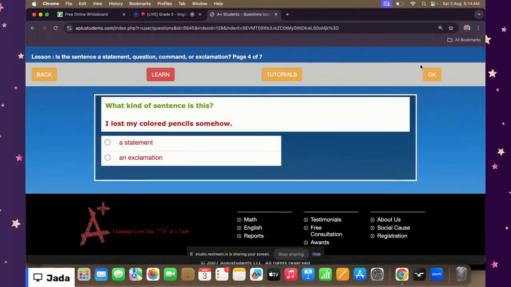Next, I lost my colored pencil somehow. What's our answer here? The next one. I lost my colored pencil somehow. Statements. Okay, good job.